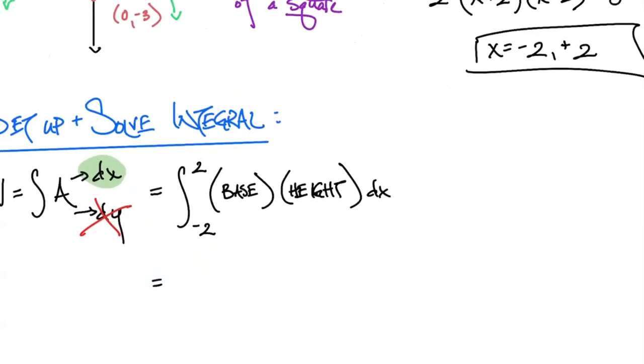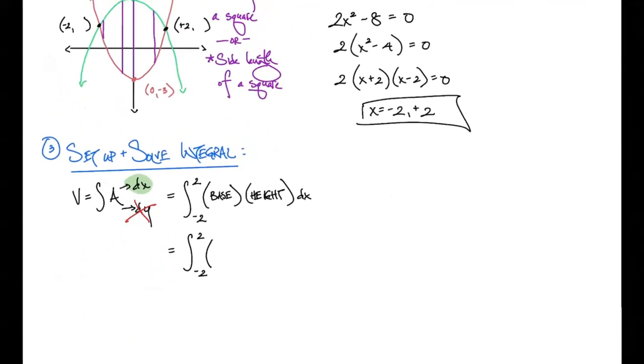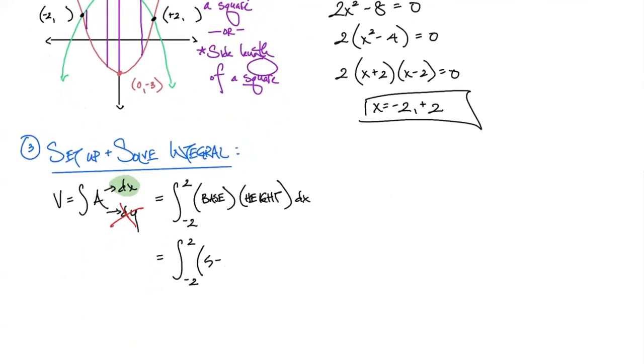And so we have the integral from -2 to 2. The base will be the green curve, which is 5 minus x squared, minus the bottom curve, which is x squared minus 3.